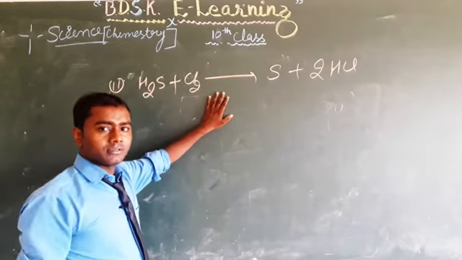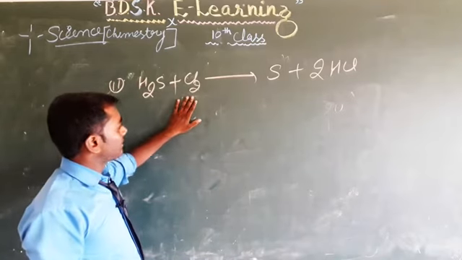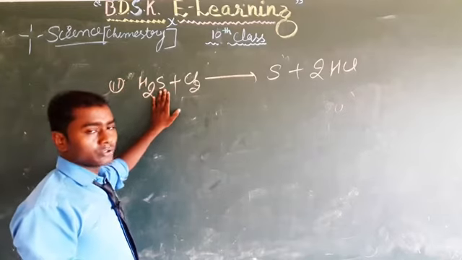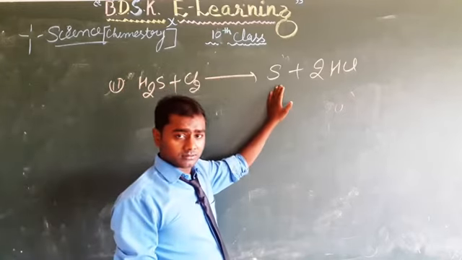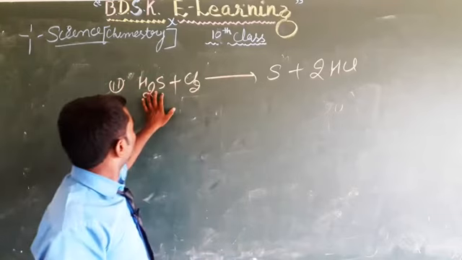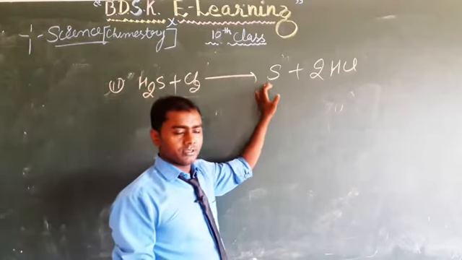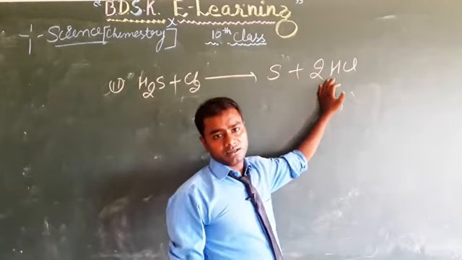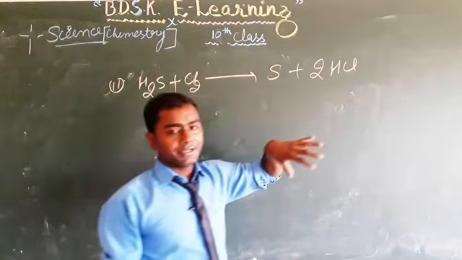In this equation you can see that H2S changes into S on losing its hydrogen, and Cl2 changes into 2HCl by gaining 2H.